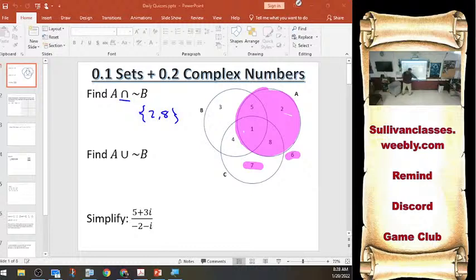So it's all that stuff. A was 1, 2, 5, 8. And stuff that was not in B is 6 and 7.